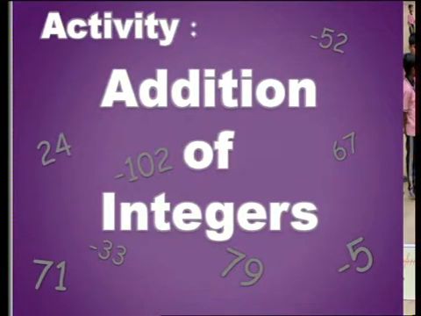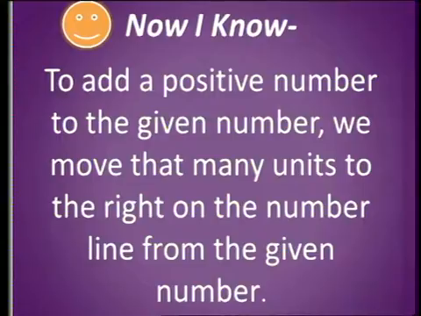It means 1 plus 5 equals 6. From this, the student can easily understand how to add integers. From this activity, he learns that to add a positive number to the given number, we move that many units to the right on the number line.